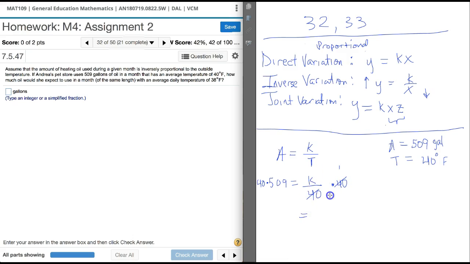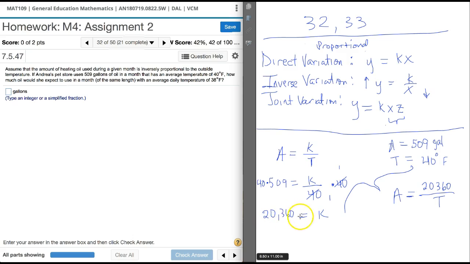And here that reduces to 1 and just gives us K. And of course, if we do 509 times 40, that will be 20,360. So that is our variation constant. And of course, from all this information here, we now know that our equation of variation is A equals 20,360 divided by T.